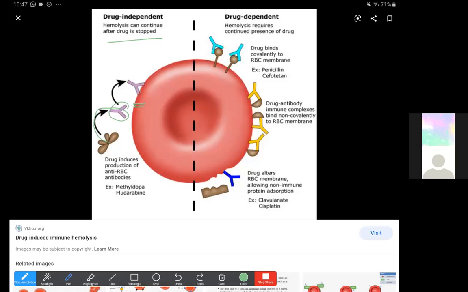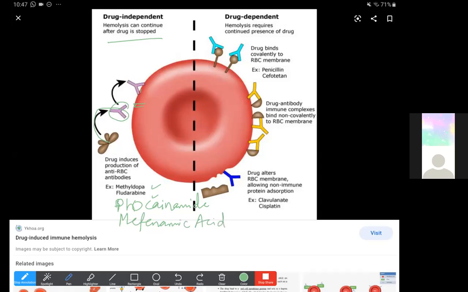This is the autoimmune mechanism, the drug independent form, and this can occur with drugs like methyldopa, fludarabine, cladribine, and even procainamide and mefenamic acid. So even mefenamic acid can cause this reaction.